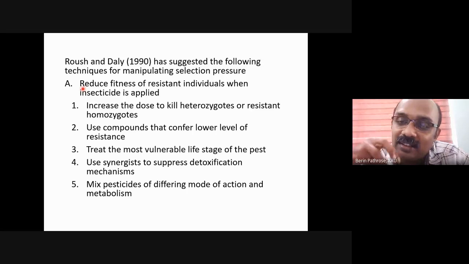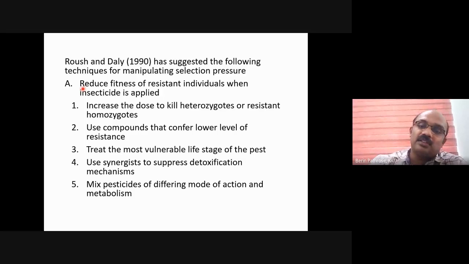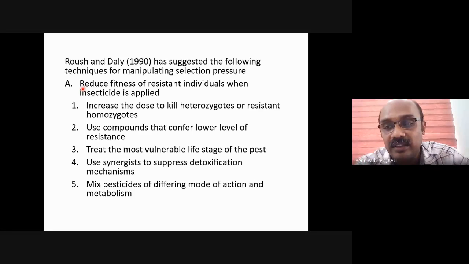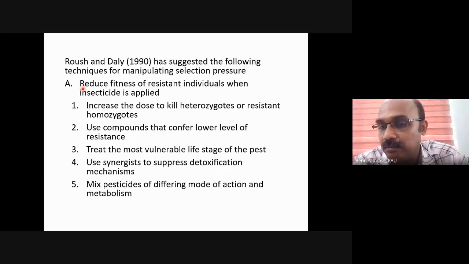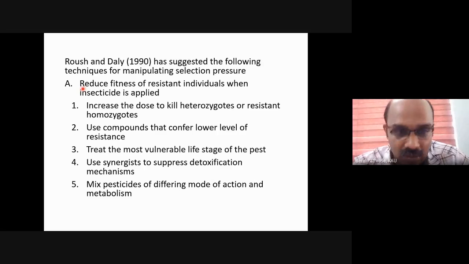That's because of the inherent chemical nature. Say, if we have an ester bond, which is a very weak bond, it can be easily degraded, so that molecule can develop resistance quickly. So the inherent properties of the pesticide can change the rate of development of resistance.